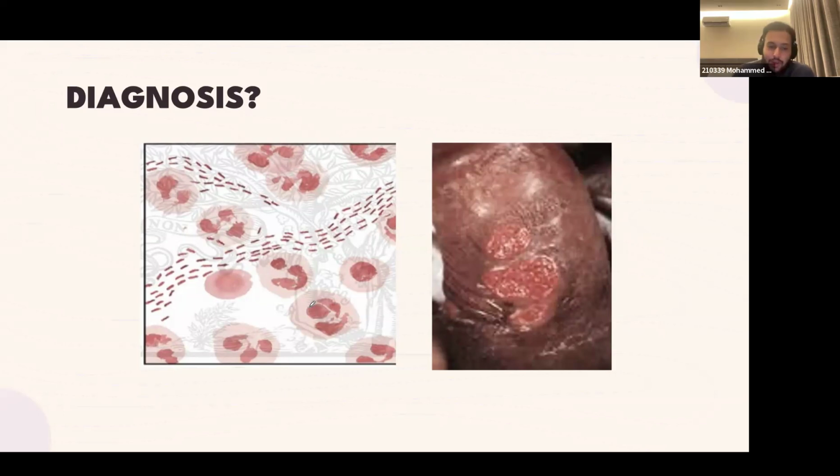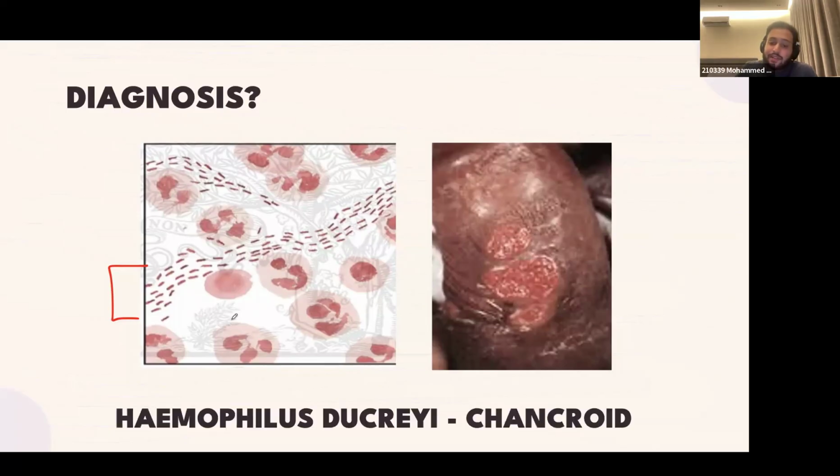But anyways, what do you see on this imaging? School of fish or the railroad appearance. Good. Both of them work. This is a very important image for your OSPE. Haemophilus ducreyi causes chancroid.